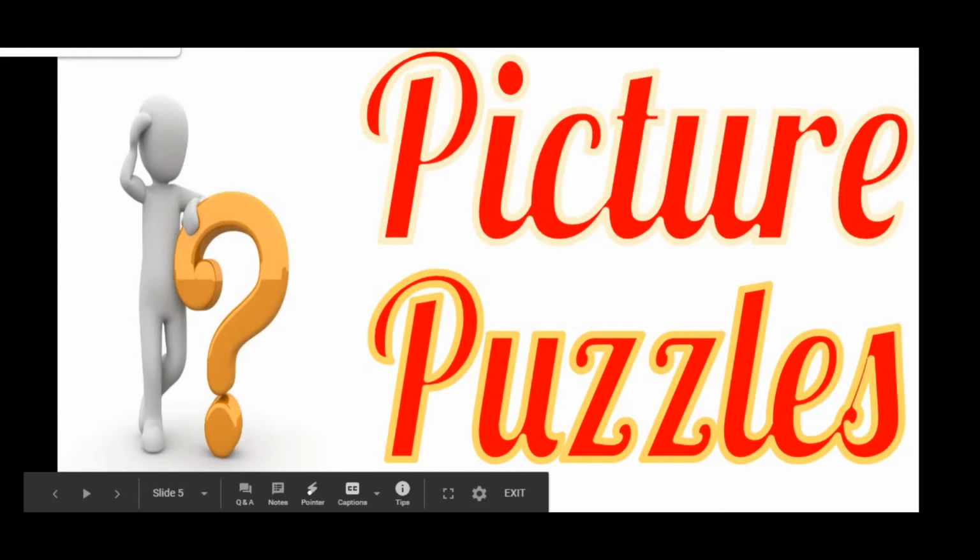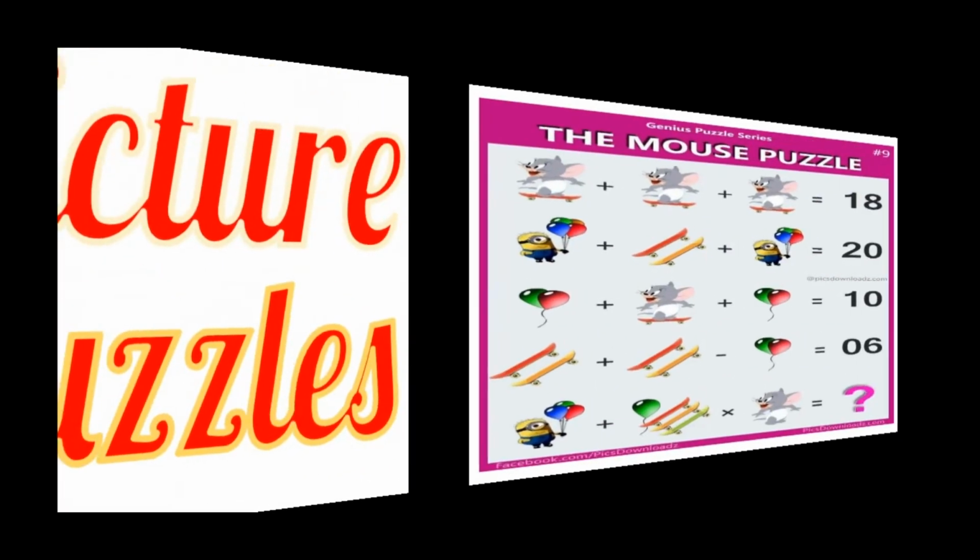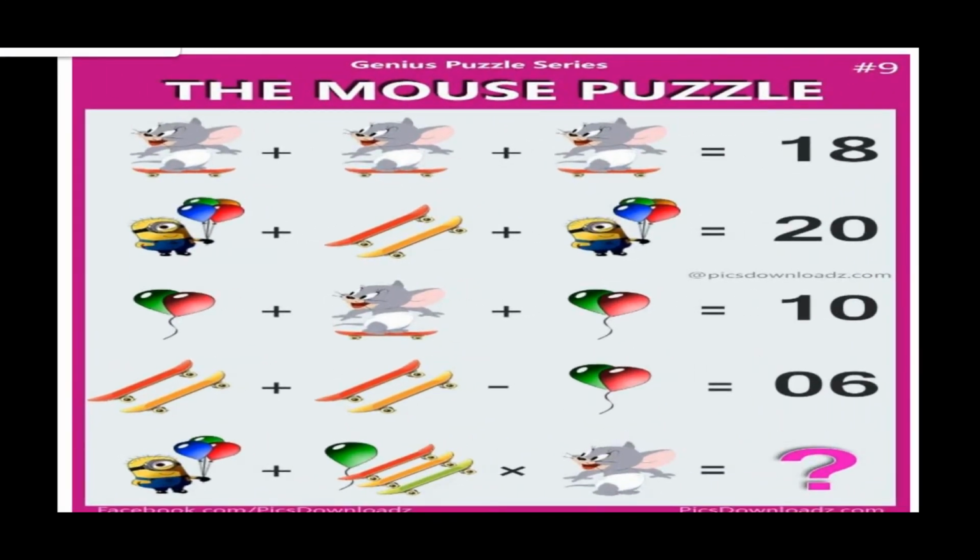Hi students, picture puzzles. What is the puzzle we are going to see today? So this is the puzzle. Here 3 Jerrys along with the skating pad is 18, and 1 Memoji with 2 skating pads with 4 balloons. 1 Memoji with 4 balloons is 20, and 2 balloons and Jerry along with the pad is 10.